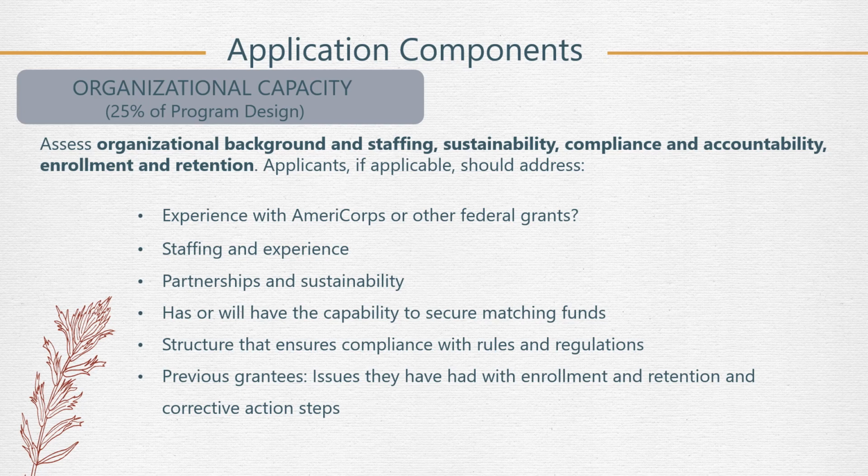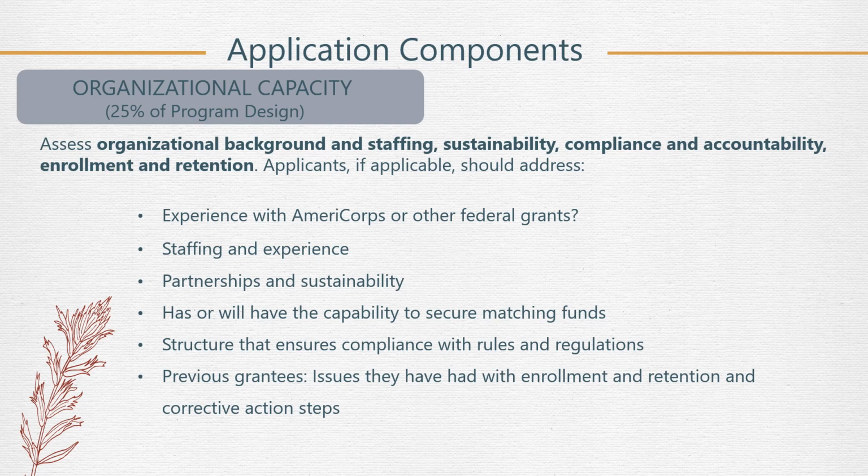The final application component that we will ask you to look at is their organizational capacity. As a peer reviewer, we really want you to be critical about their background and staffing, and we want to make sure that their program has sustainability and checks and balances put in place to be compliant and accountable.